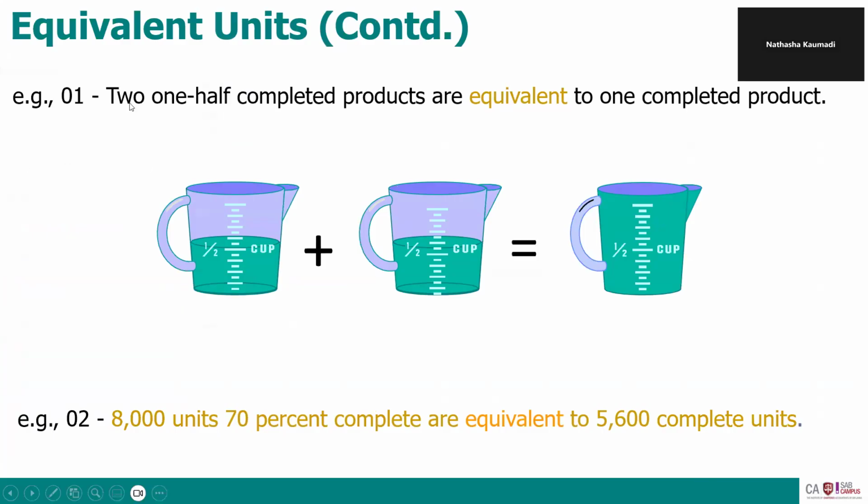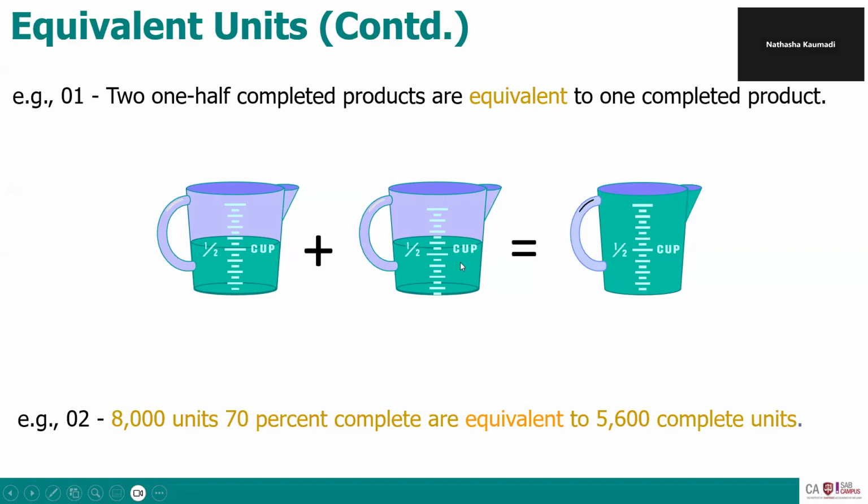You have two half completed products. See, don't read the other stuff. Just look at the cups. You have one cup, you have another cup. Altogether, you have two cups. You can see first cup is half filled. That means 50% filled. Second cup is also 50% filled. This can be water.